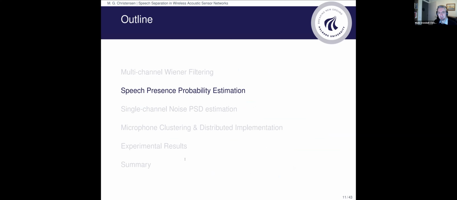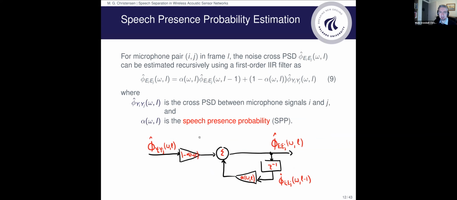And the key to solving that problem is something called speech presence probability. So we talk about how to estimate that. If you look at two microphones, i and j, in frame l, the noise cross power spectral density, hat phi_E_iE_j at frequency omega and frame l, can be recursively estimated in this fashion that we see here, where we have this alpha and 1 minus alpha over here.